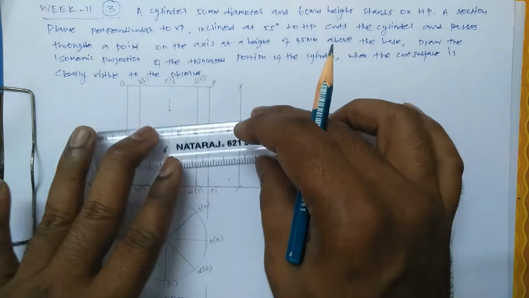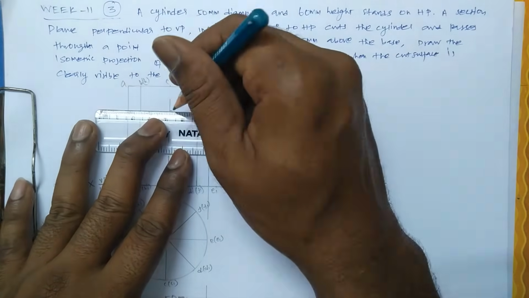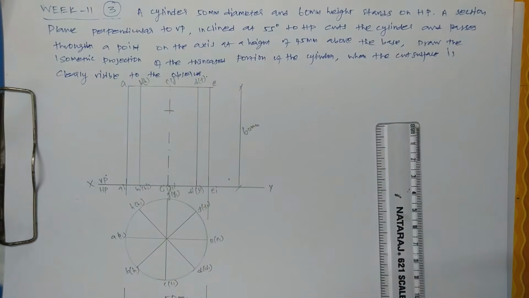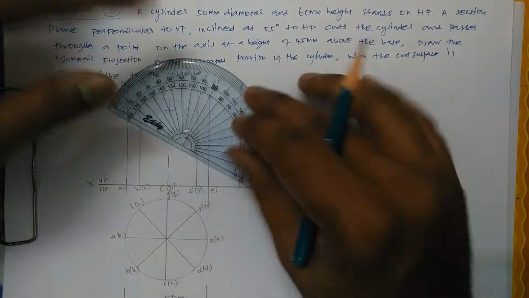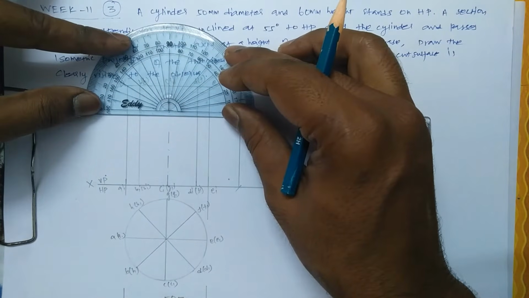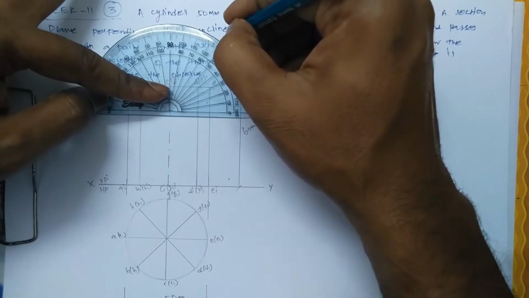So now the thing is to mark 45 mm from the base. Make a horizontal line, keep the protractor and mark the 55-degree angular line.